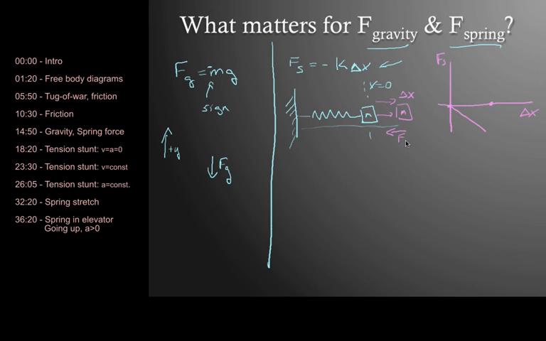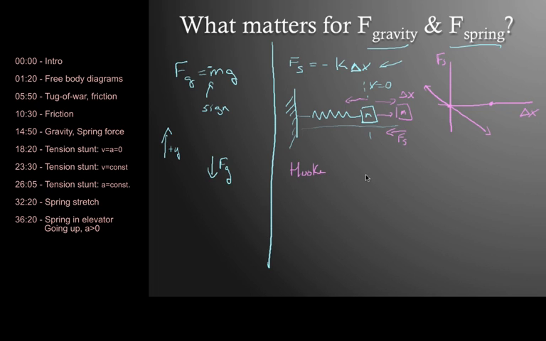The spring pulls back towards the equilibrium point. And if we then push the mass this way, we end up with another straight line. This relationship between the force of the spring and the displacement of the spring is called Hooke's law.